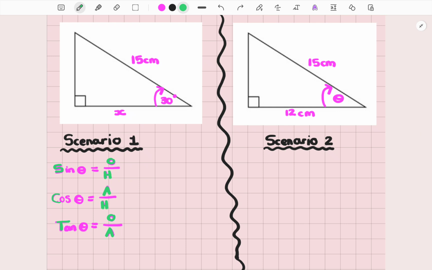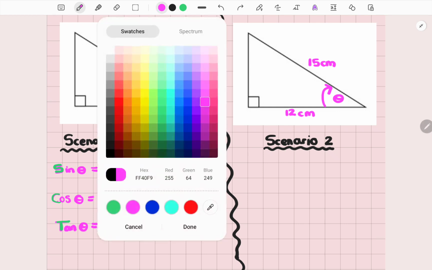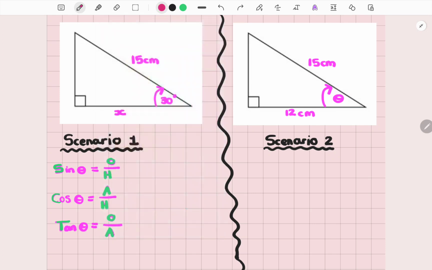So how do we name our sides according to the angle we are working from? It all depends on what angle you are looking from. In this triangle, we are working with this 30 degrees, and they are asking you to calculate x. We need to see what we have and what we want from this angle.